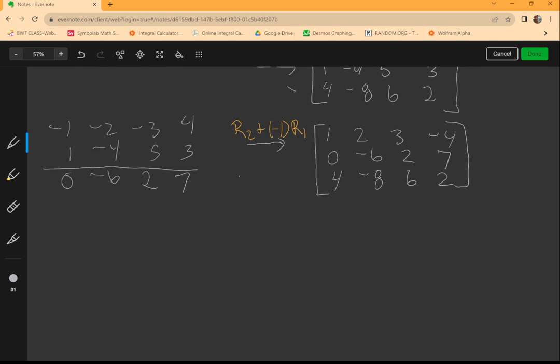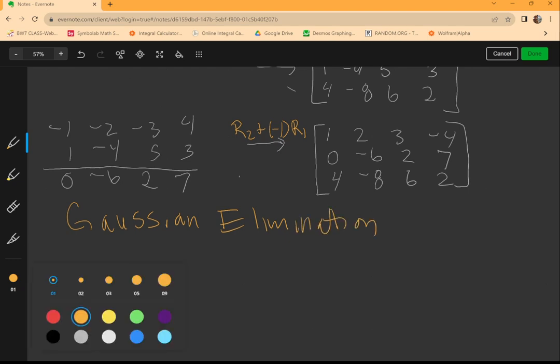So the process I'm doing here is just a short example of what is known as Gaussian elimination. The idea behind Gaussian elimination is that you use these row operations on your coefficient matrix, or really augmented matrix, I should say.